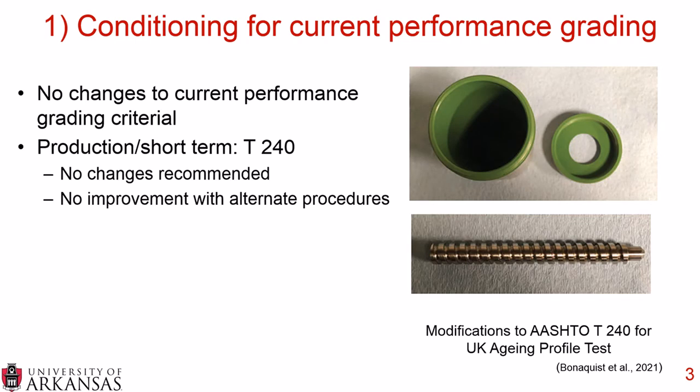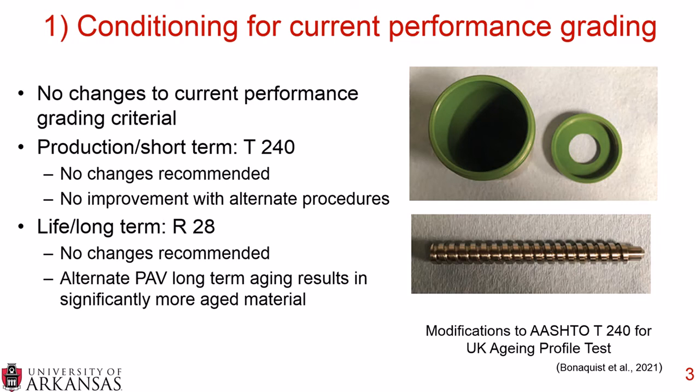They suggested to keep the production or short-term aging the same for AASHTO T240, so no changes, because they didn't see any improvement with alternate procedures. And on the right is an example of one of the alternate procedures, which was the UK aging profile test.